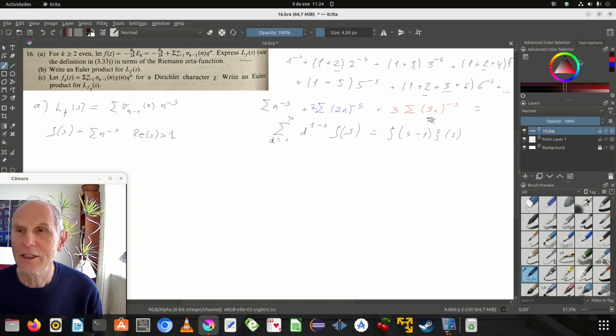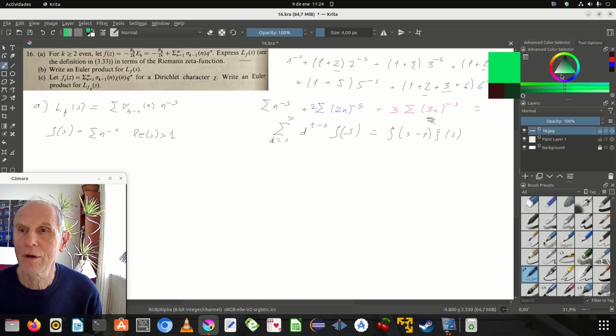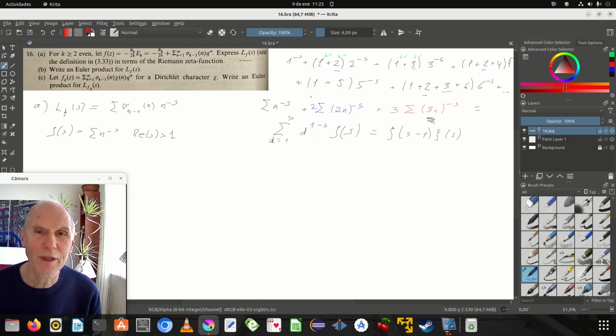And the generalization, we just put k minus 1 up here. So it's difficult for you to read. I'll make it red as well. So it's k minus 1, k minus 1.